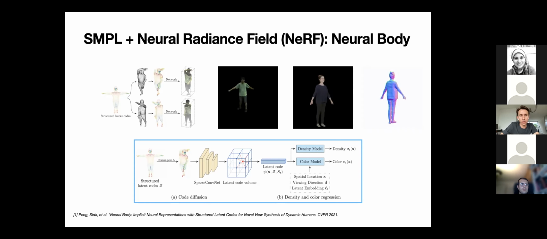Very roughly, the idea is that instead of using just vertex colors, it uses learnable latent codes that are attached to every vertex of an SMPL model. Those latent codes are then translated to a neural volume, in NeRF style, to get the density and color information for every ray of interest and to generate this photorealistic imagery that you can see on the top right.